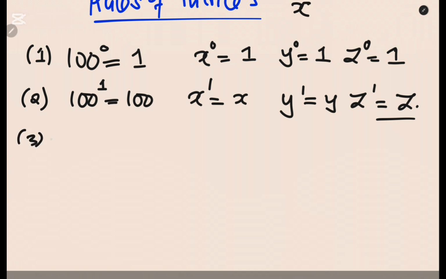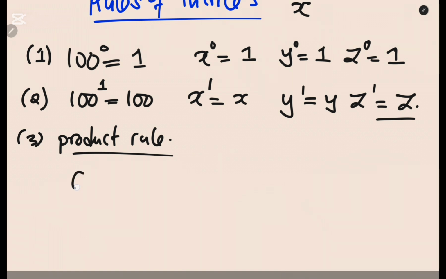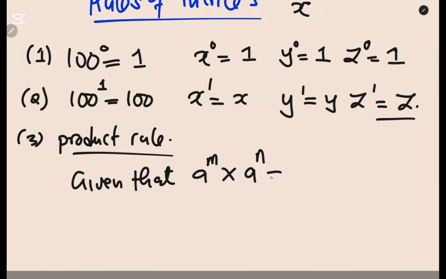Then the third rule that we can look at is called the product rule. What does it state? Given that a to the power m multiplied by a to the power n, in this case, this is just going to be a to the power m plus n.